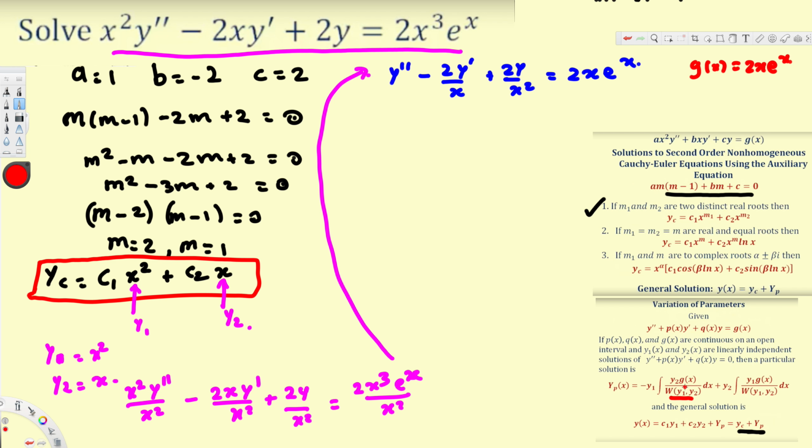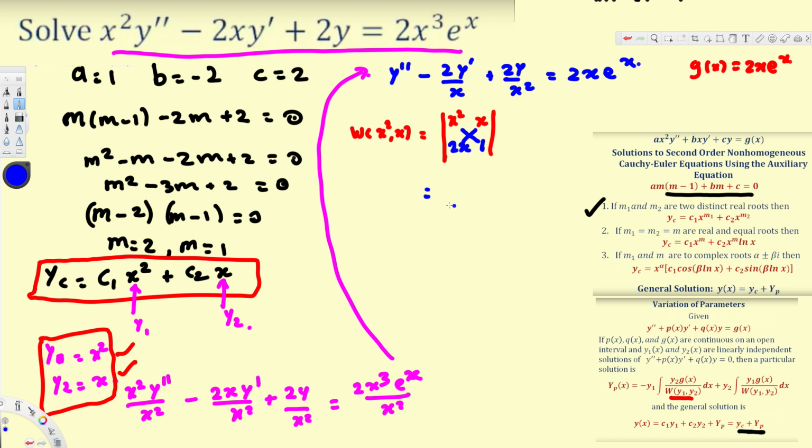To find the Wronskian, what we do is put it in a matrix form, x square and x, because y1 is x square, y2 is x. I'm taking this one because W(y1, y2) is the Wronskian. So here we put x square, x, and we find the derivative of this one, which is 2x, and the derivative of this one is 1, and you cross multiply and do AD minus BC.